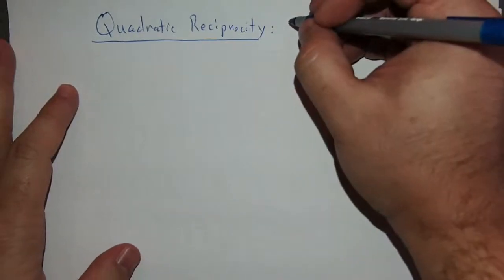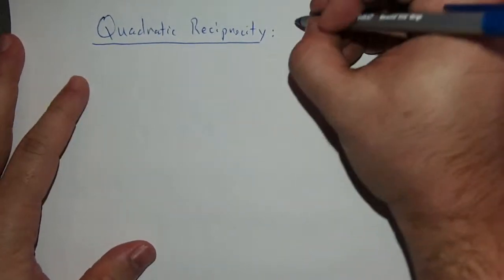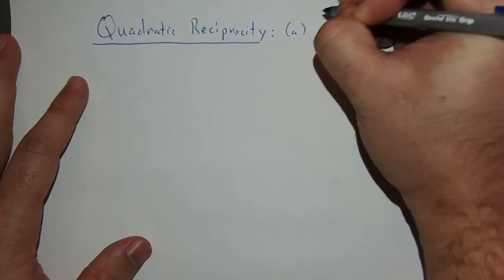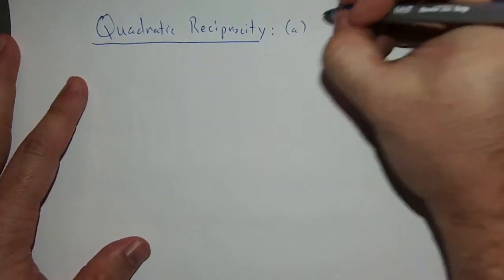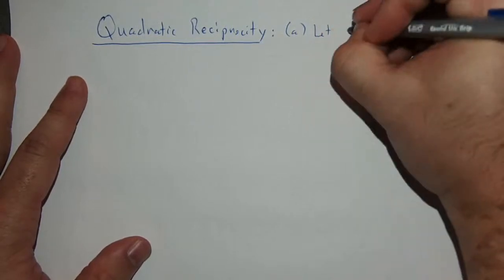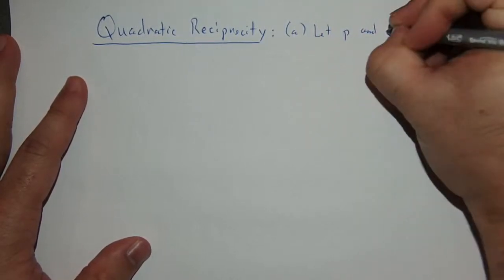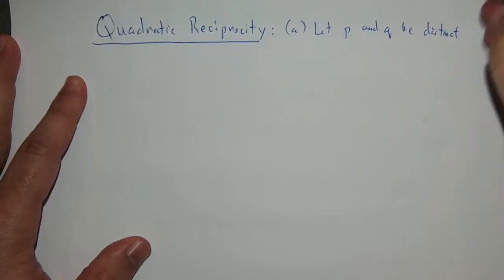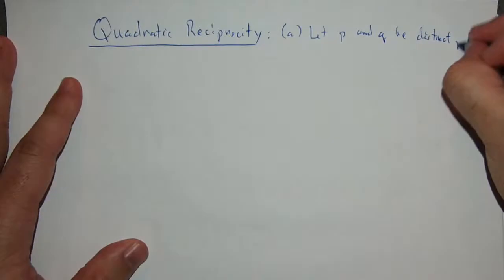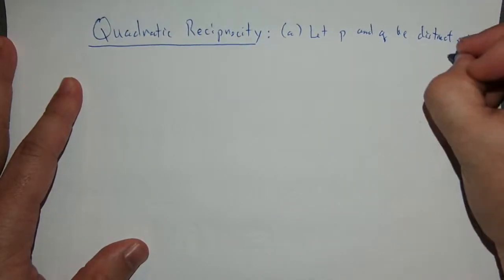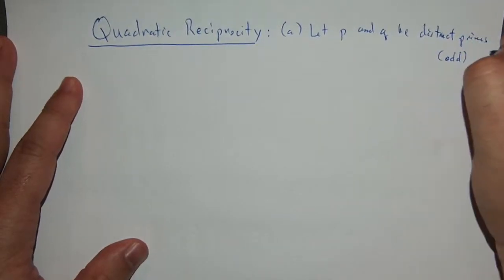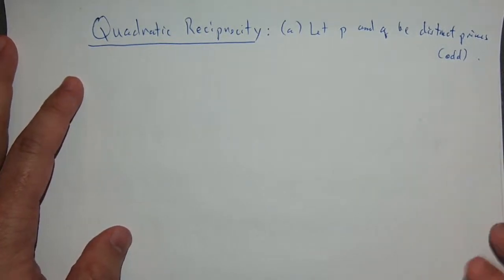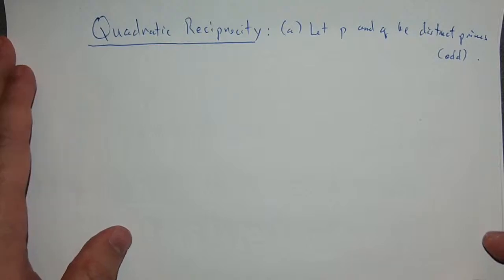Okay, so this is it. I'm going to phrase it as 3 parts. Let P and Q be distinct primes, and we want them both to be odd. So let P and Q be distinct odd primes.